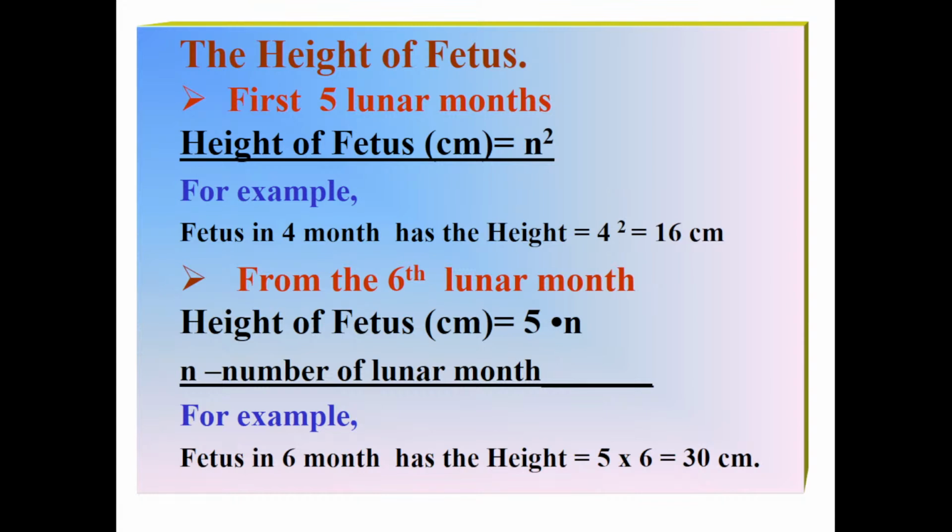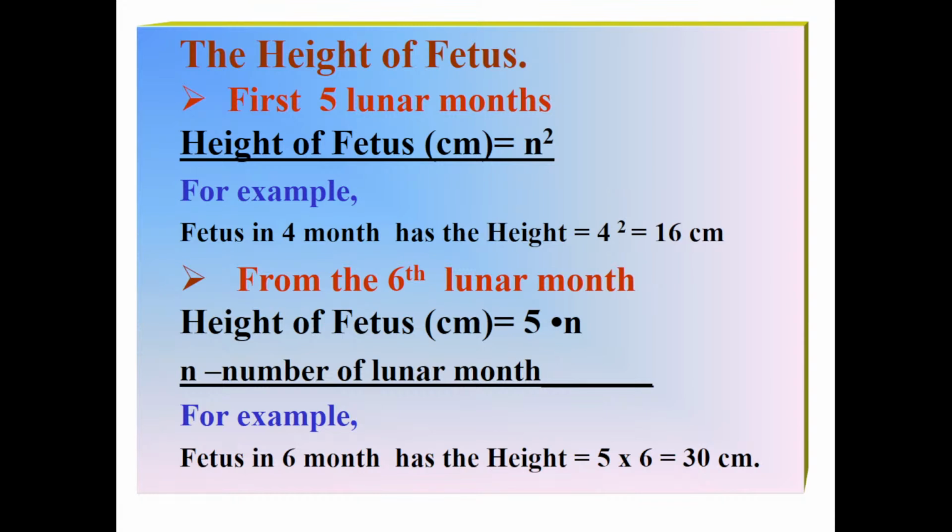Now you can see formulas for calculating different parameters of the body, what must be normal at different ages. The first is the fetus, the intrauterine period of childhood.